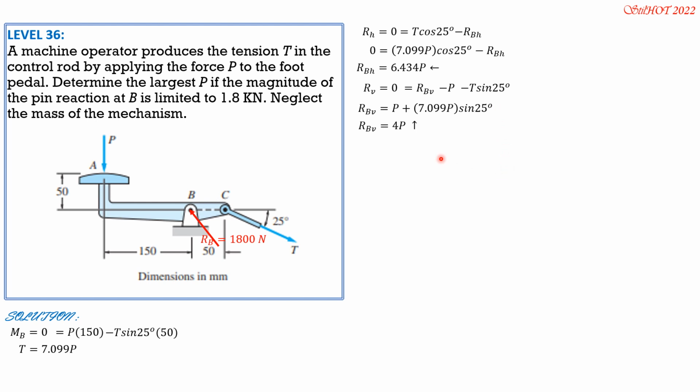RB vertical is 4P. So RB horizontal squared plus RB vertical squared is equal to the magnitude of RB squared. So 6.434P squared plus 4P quantity squared equals 1,800 squared. So from there we can solve for P. P is equal to 237.6 newtons.